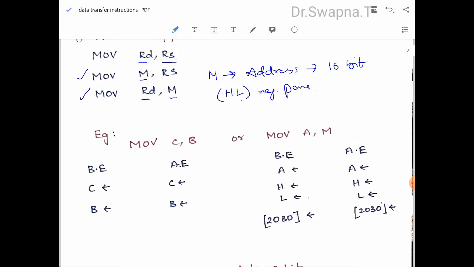MOV C, B. Before execution, assume C is the destination register, and we need not bother about the content of the C register. It may be some XX. Let the content of the B register be 05.